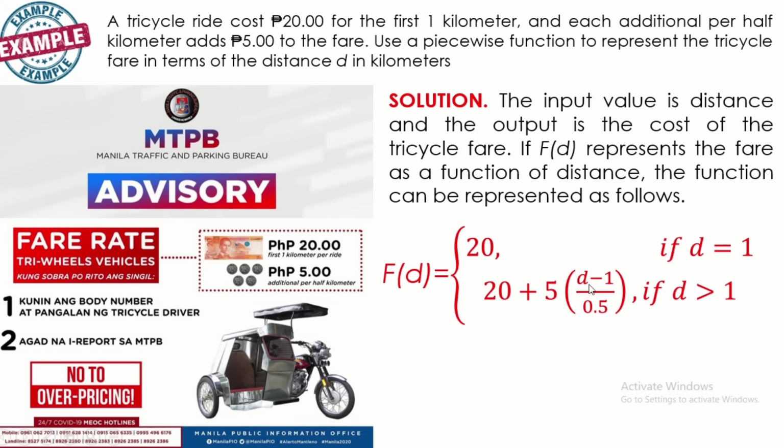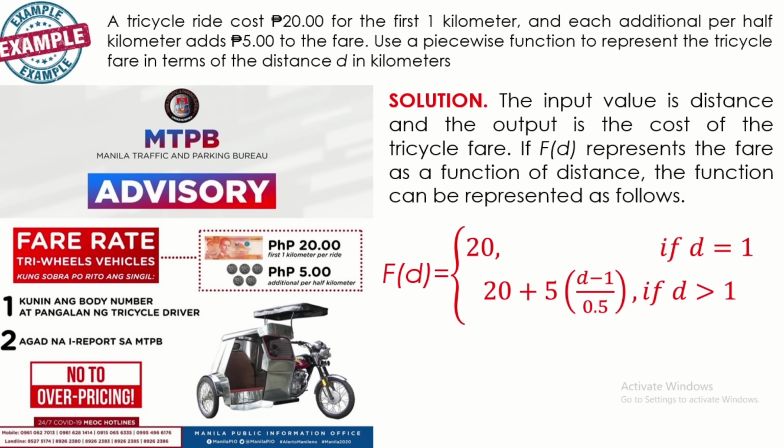Ito yung kapag lumagpas ka na sa 1 kilometer, magbabayad ka ng 20 plus 5 pesos times d minus 1 divided by 0.5. So, paano natin ma-check na tama yung piecewise function natin na to?